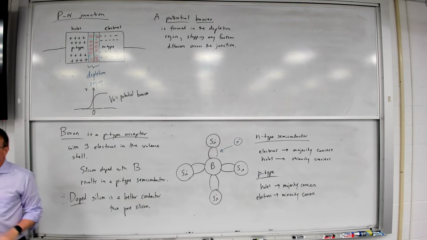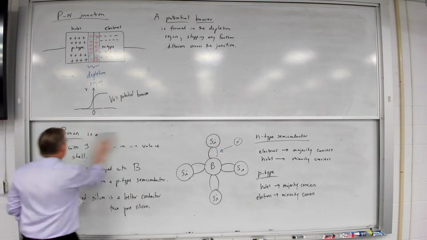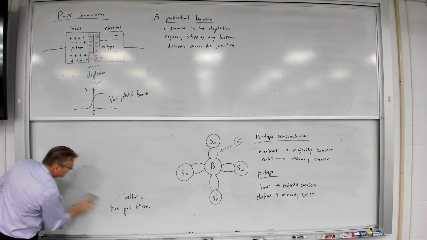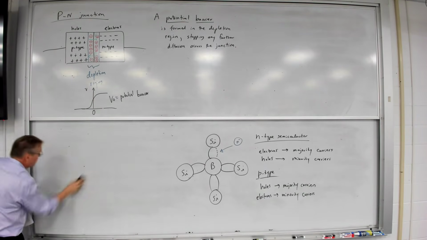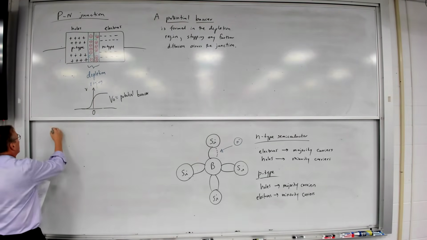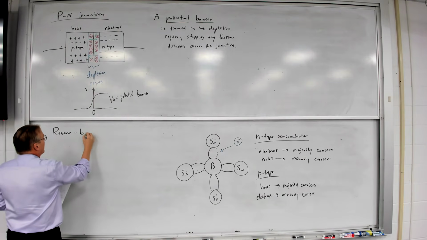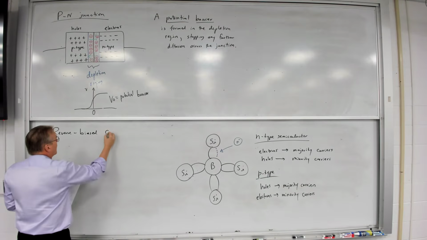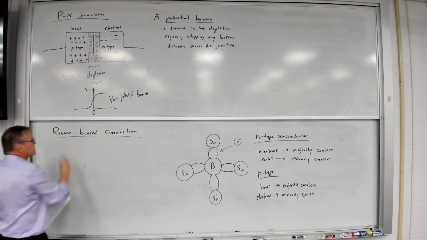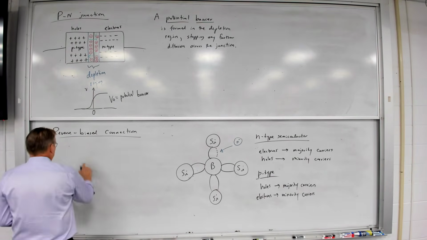So what am I going to do? I'm going to connect a voltage to those two terminals. I'm going to create what's called a reverse biased connection by doing the following.